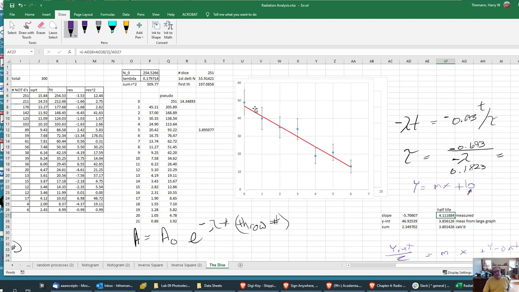And keep in mind that we have 7 points minus 2 parameters, so we have 5 degrees of freedom. It's the sum of the chi-squared divided by the number of degrees of freedom. So it's less than 1. So it's not the best fit in the world, but that's all right.